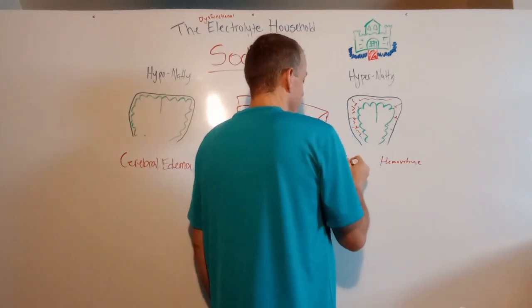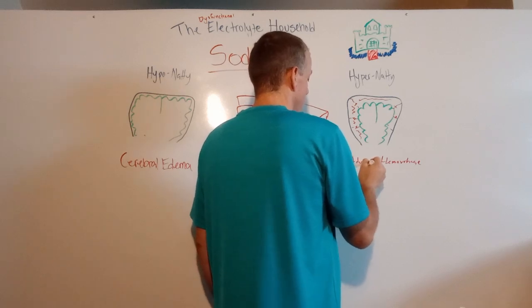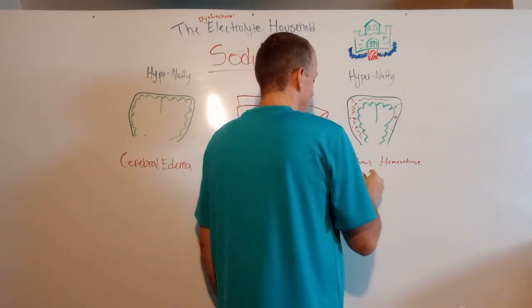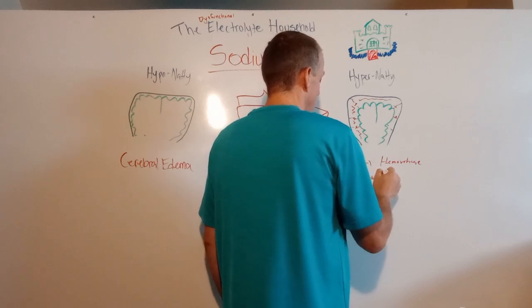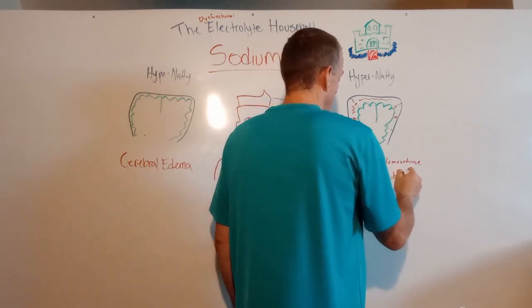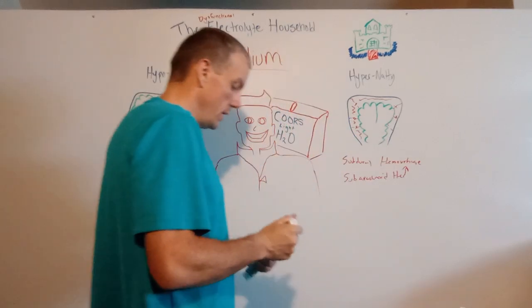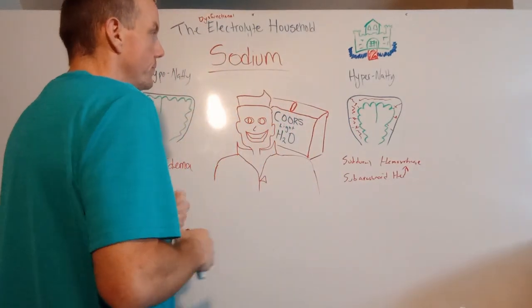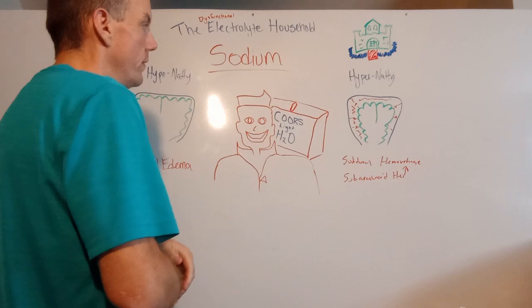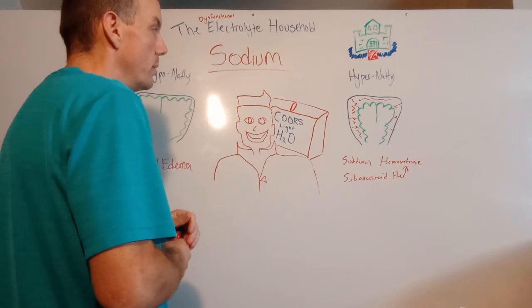And specifically, you'll see this called subdural or subarachnoid hemorrhage. And so the effects of this are also going to be primarily neurological.